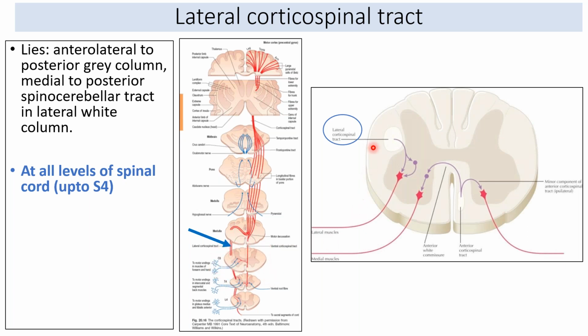What is happening to the lateral corticospinal tract? So this is the lateral corticospinal tract which had descended over here. Suppose this is this particular level. So this was a corticospinal tract. From here, the fibers from the lateral white funiculus, the axons, are going to synapse with this second order neuron, or you can say the lower motor neuron.